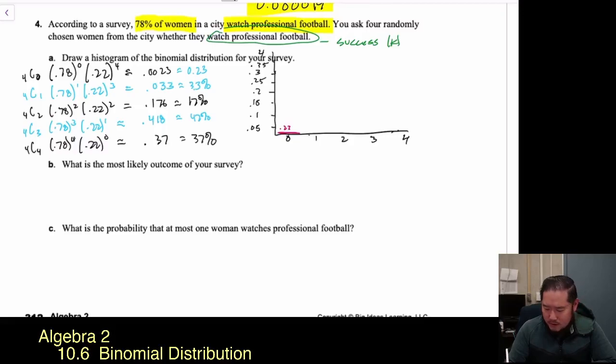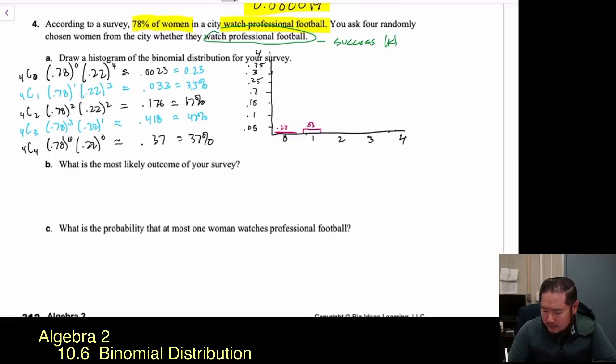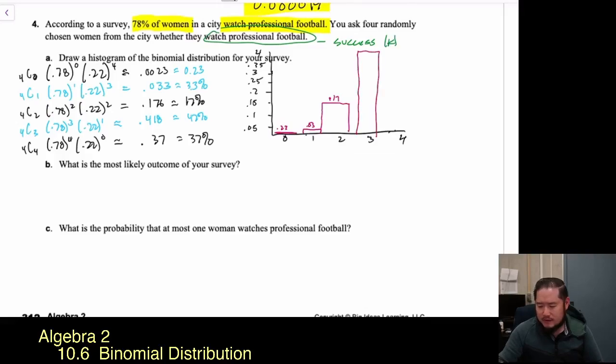The probability of getting 1 is 0.03. The probability of a 2 is 0.17. The probability of 3 is 0.418, so we'd have to go all the way up. And the probability of all 4 watching is 0.37. There's your histogram.